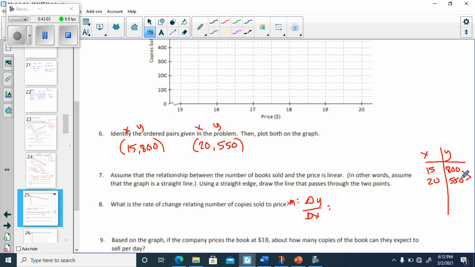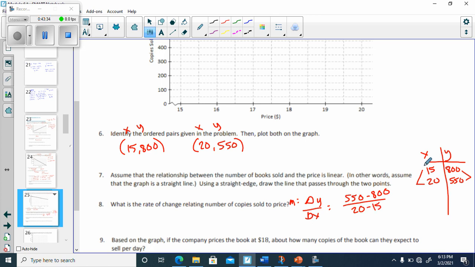So change in y would be 550 minus 800. Okay, you don't always start with the big one, guys. Doesn't matter, okay? Just as long as whichever one you start with, you keep the same corresponding x. See, 20 and 550 are parts of the same coordinate pair. So 550 came first, 20's got to come first. 20 minus 15.